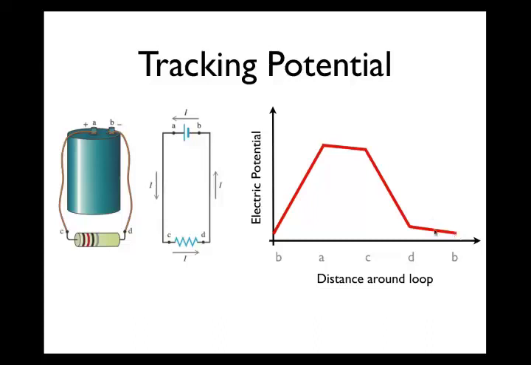But you would still arrive back at the same value of electric potential, because if you didn't, flowing around a loop like this, that would be a violation of our energy conservation idea, which says you can't create or destroy energy, including electrical energy.